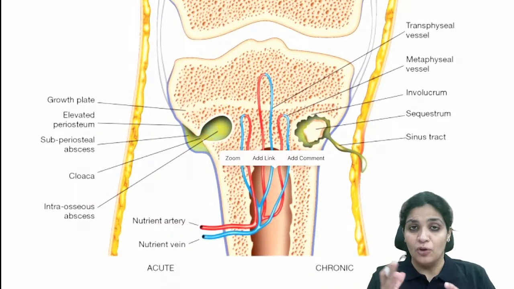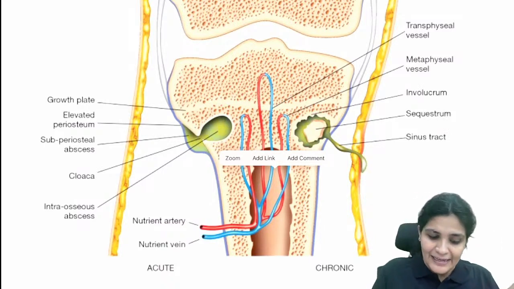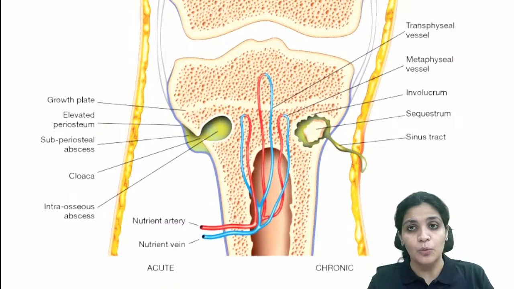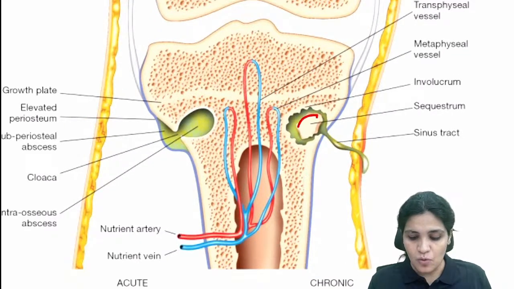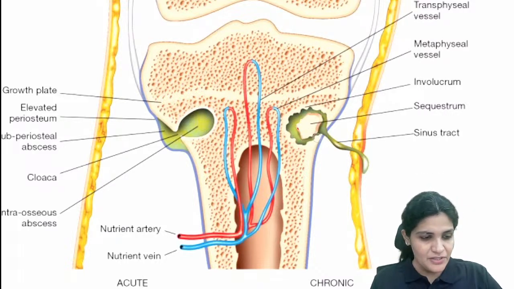Once this periosteum is elevated, there is limited blood supply to that particular area, and there is a chance of that area being dead, right? So now the bone there becomes dead, and this dead bone is called the sequestrum. This is called the sequestrum.